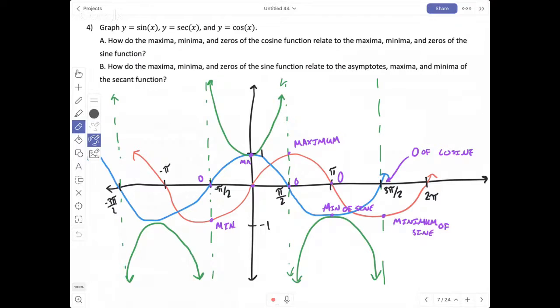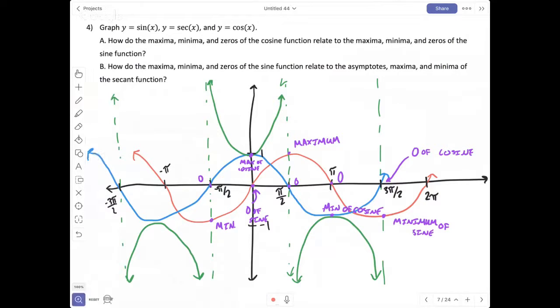This was cosine minimum. Okay, better. Okay, so this was a max of cosine when sine was at a 0. Zero of sine.